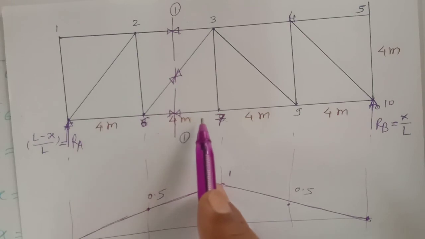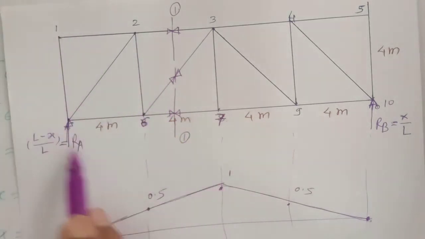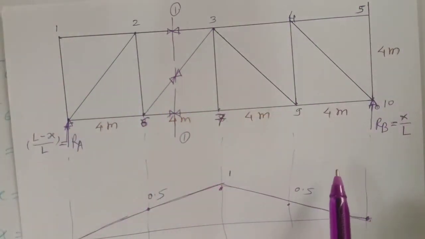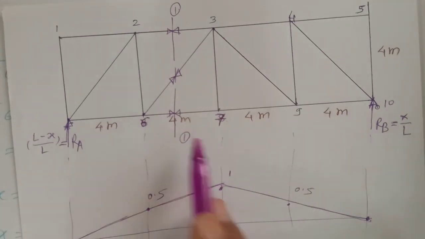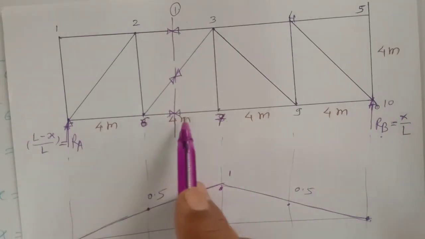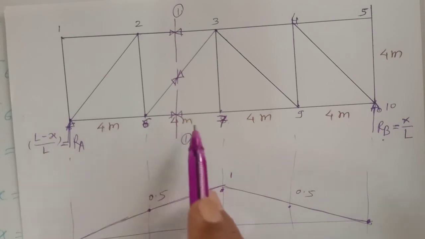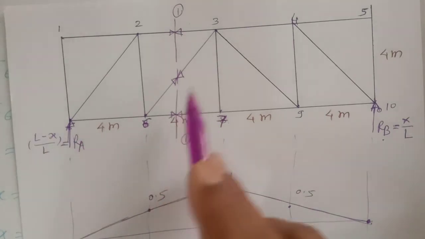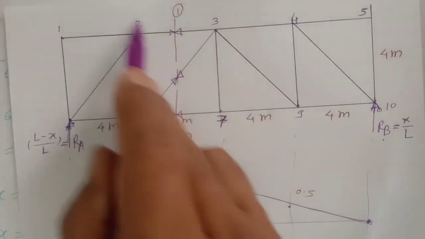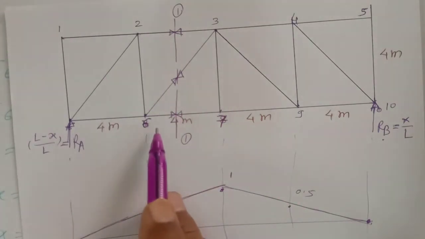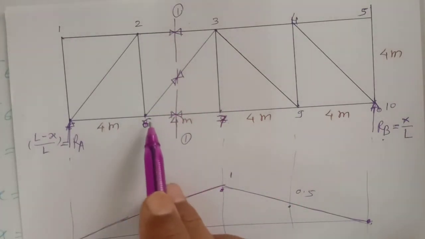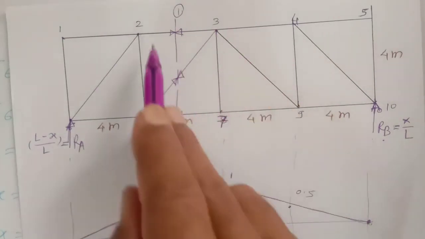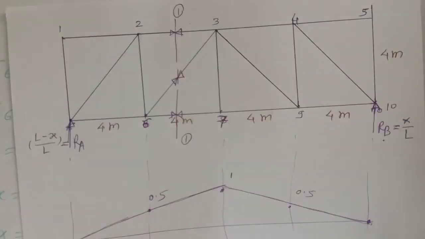Then we consider the unit load on the left side, with the right portion in equilibrium, and find the relation between RB and this force. Then we can shift this unit load to the right side of the section with the left portion in equilibrium, repeat the same procedure and find out the force in the member. We can say that the 2, 3. Repeat the same procedure. Thank you.